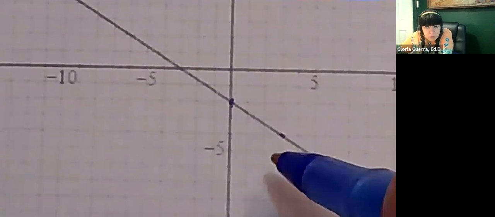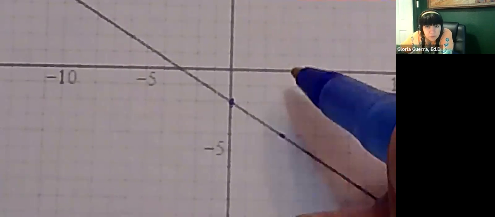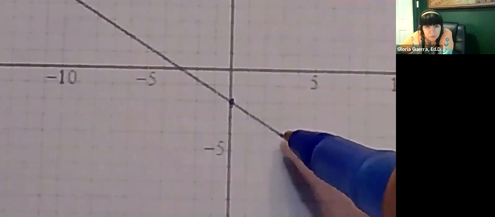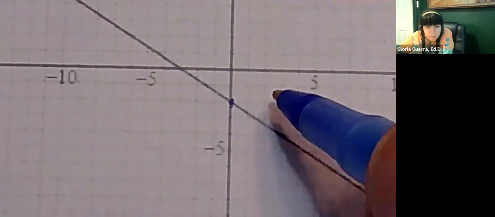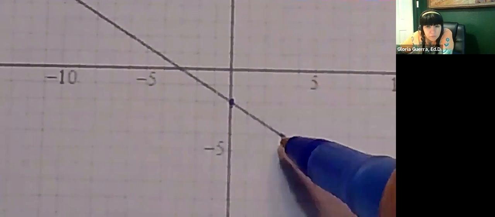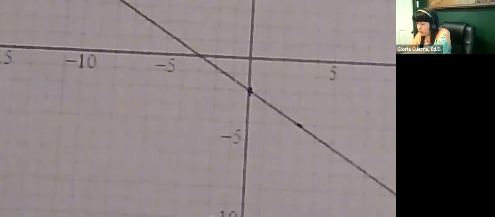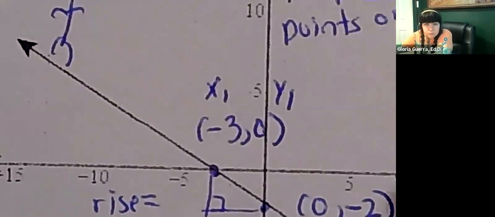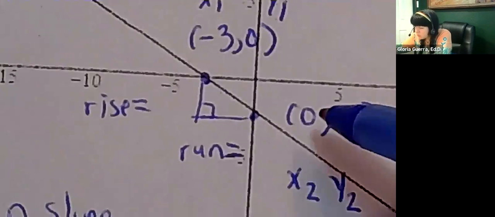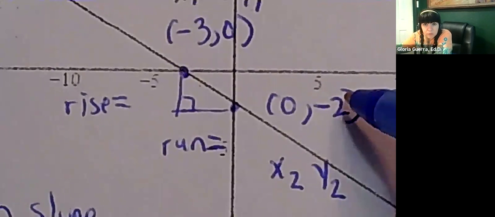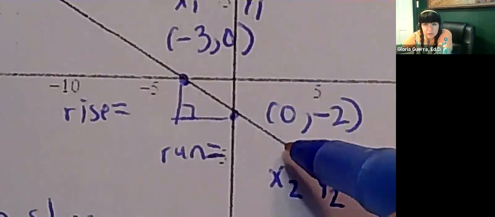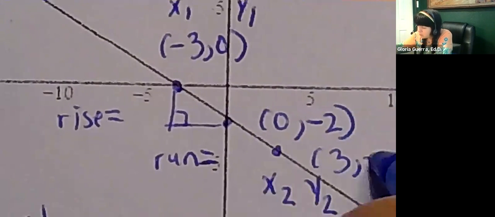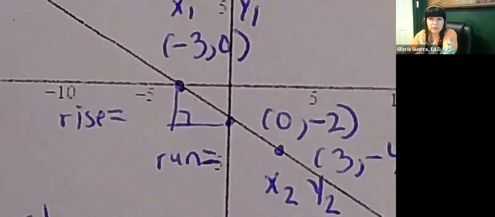That would be 3, -1, -2, -3, -4. That looks like 3, -4. It's hard to estimate because I don't have lines. So I'm gonna just put 3, -4. That looks like another point on the line, and it's not an intercept.